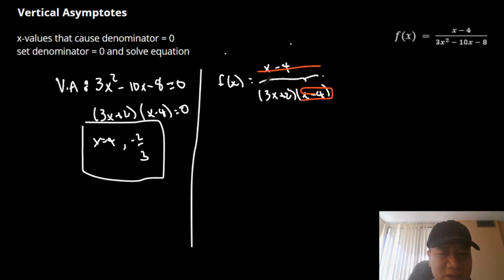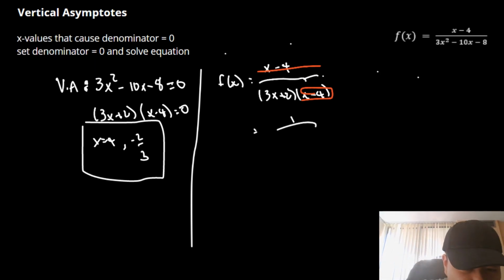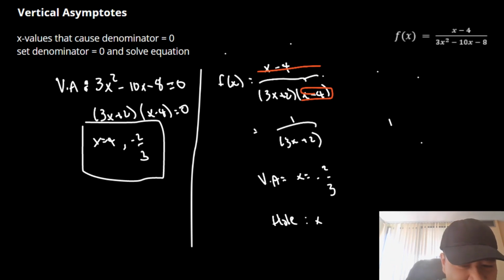That way you can distinguish which factors in your bottom are holes versus vertical asymptotes. If we continue on with this case, we get 1 over x plus 2. The VA is at x equals negative 2 over 3. And then the hole is at 4, no longer a vertical asymptote.